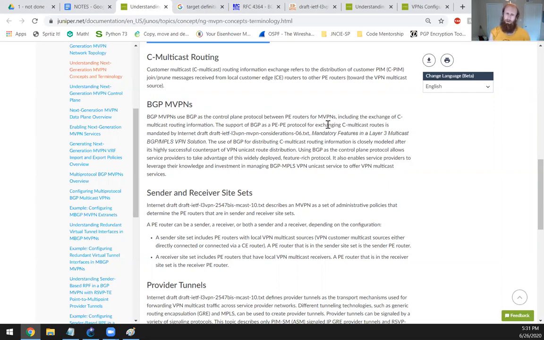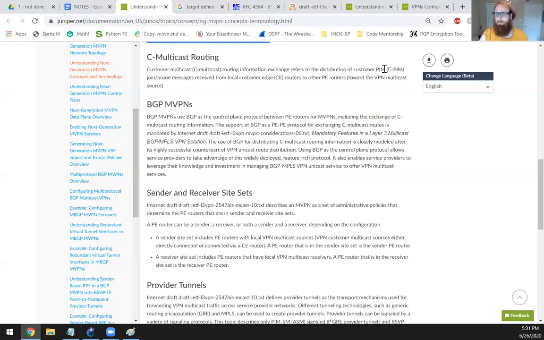I don't remember actually, but I do remember learning a little bit about multicast at some point for some reason. And PIM stands for, I want to say protocol independent media, but I don't think that's what it stands for. Let's just look it up.